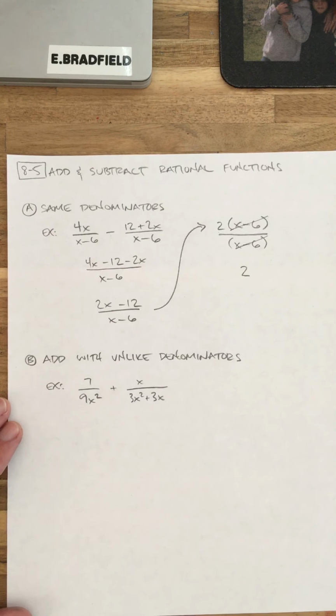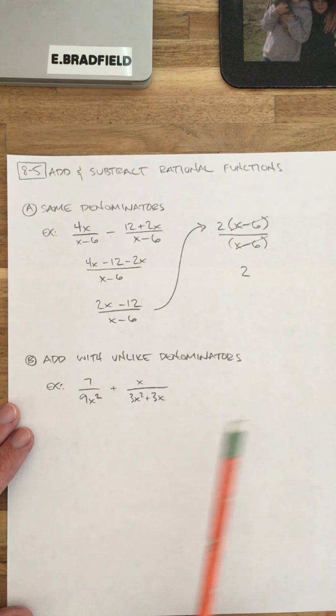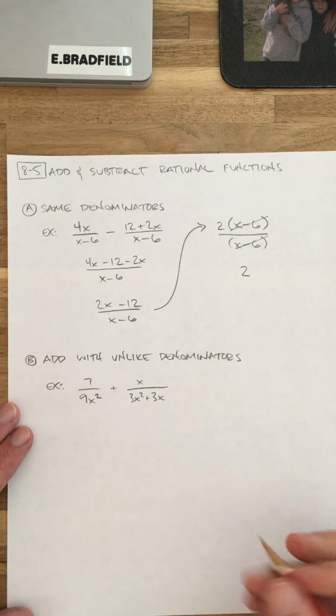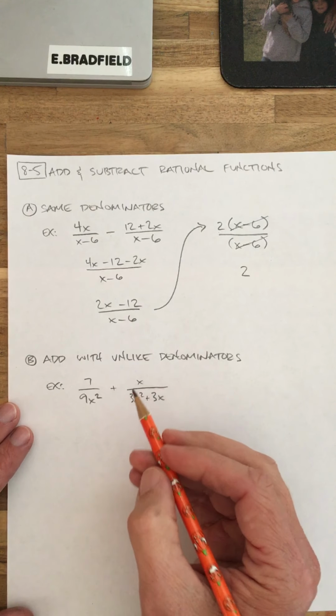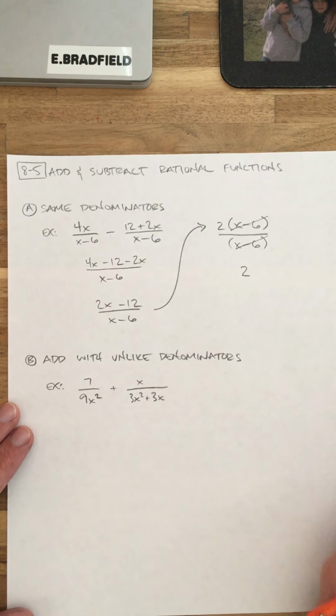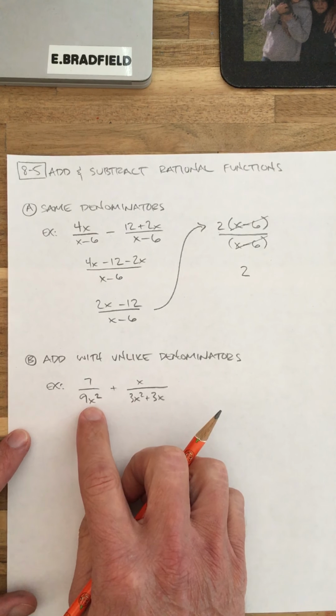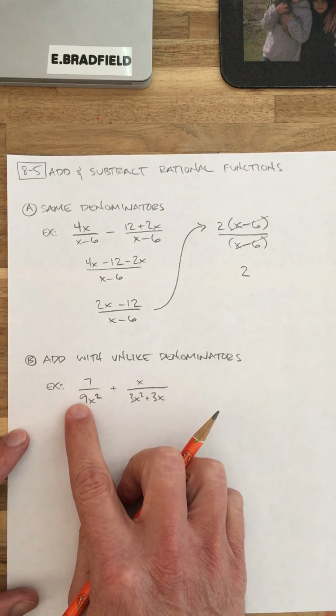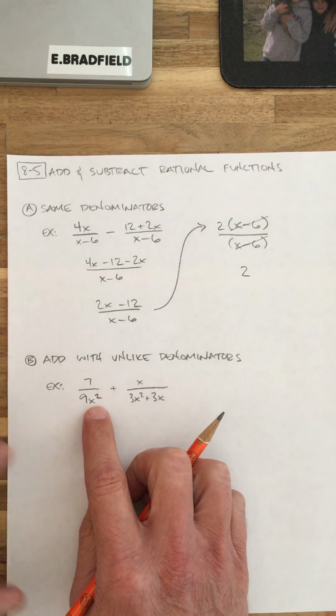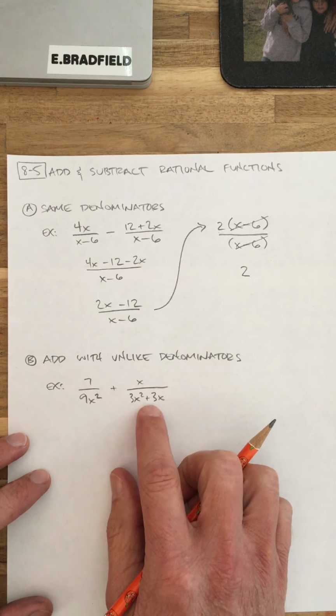All right, so now the trick is, anytime we do this stuff, we need to factor, okay? This can't be factored, this can't be factored. Typically, don't worry about the numerators. Where we need to put our focus is the denominators. So this guy right here, we need to factor that. Well, guess what? It's already factored. Yay! It's 9 times x squared. You can't do anything about it. But what about this one?